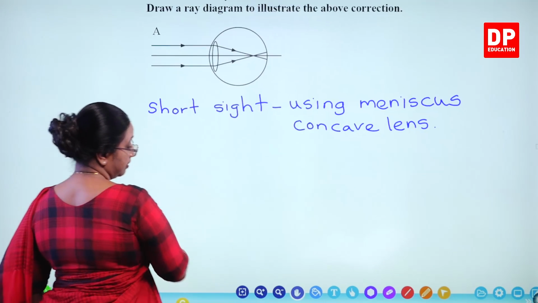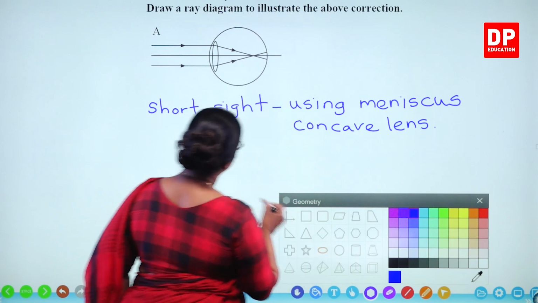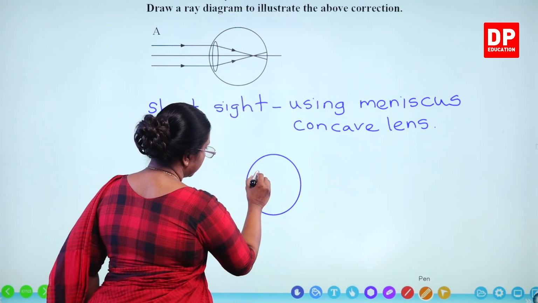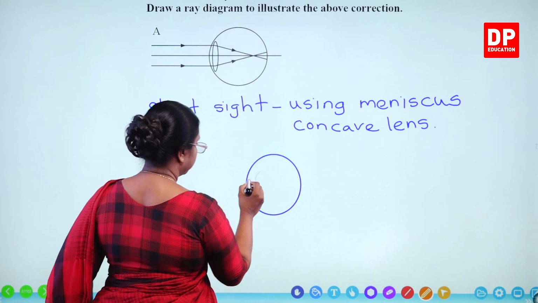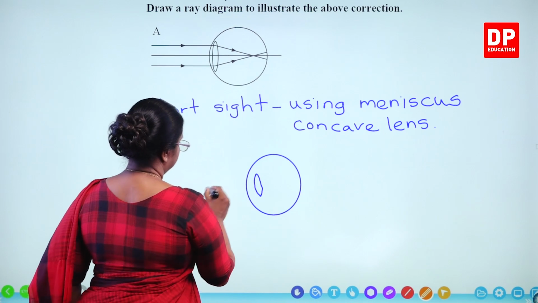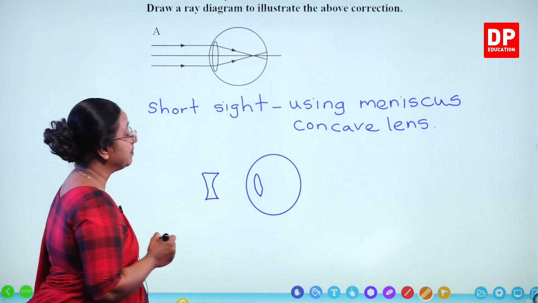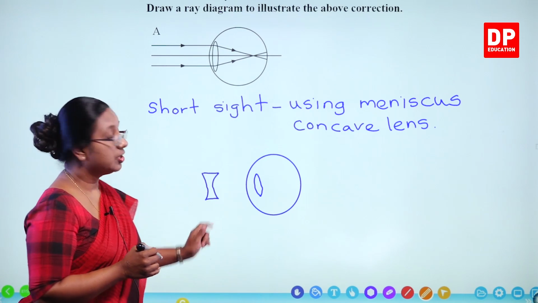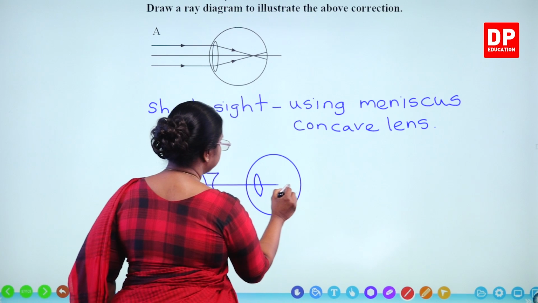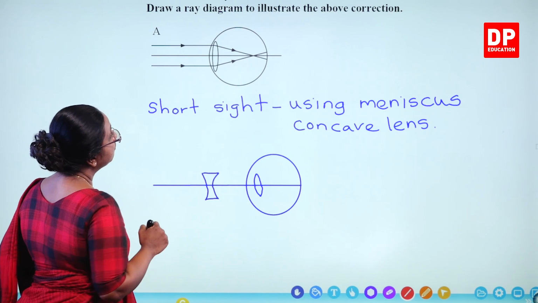So to draw the ray diagram. Although it has to be a meniscus concave lens, we will be drawing a normal concave lens there. Then this is for short sight.